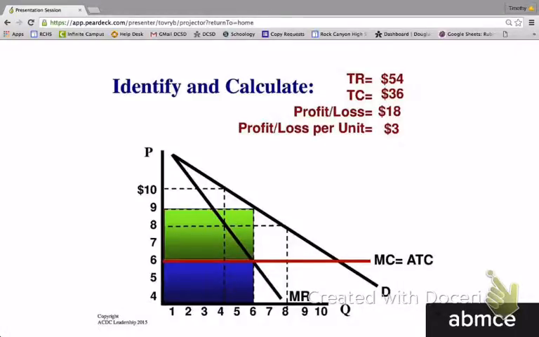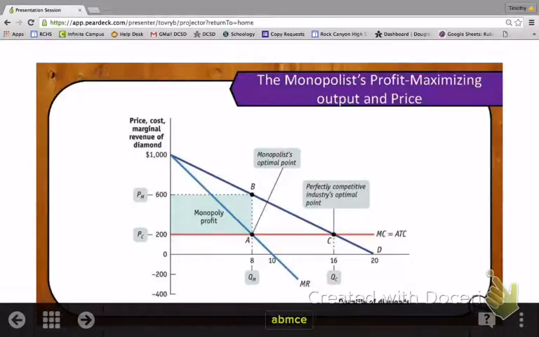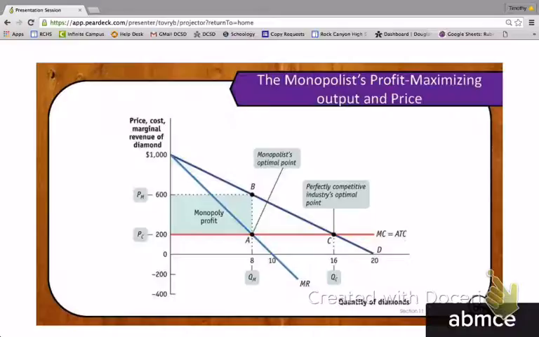Here's another one for you to look at and see if you can calculate these numbers. Once again, we see here the monopolist profit maximizing output and price.